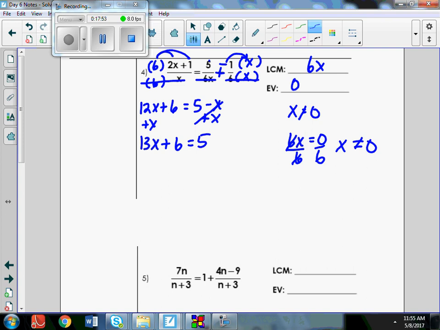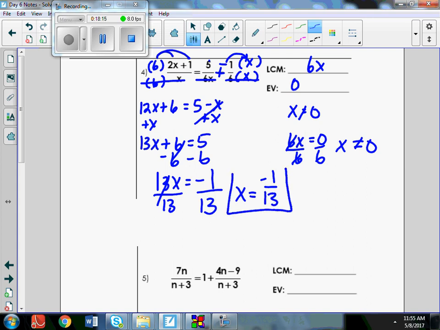So now I need to get my numbers together. So you could subtract 6. And now I need to solve for x. So what do I do next? Divide by 13. And so this one's a fraction. X is equal to negative 1 over 13.